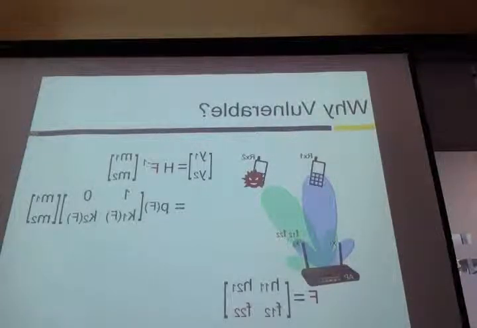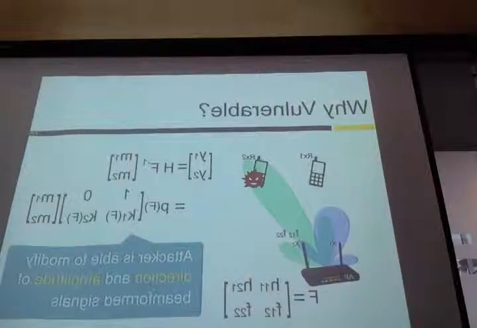What does that mean? It means if we forge the CSI properly, we can shift the direction of the first beam, and we can also scale one beam up and another beam down. So this vulnerability in multi-user MIMO networks enables the attacker to modify the direction and the amplitude of the beamformed signal. That could be a serious problem in multi-user MIMO networks.